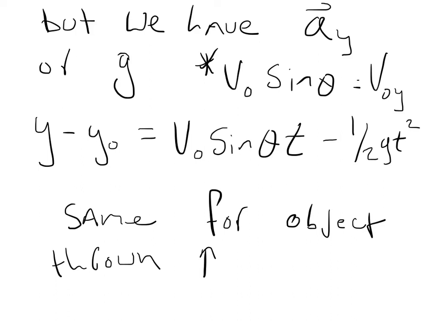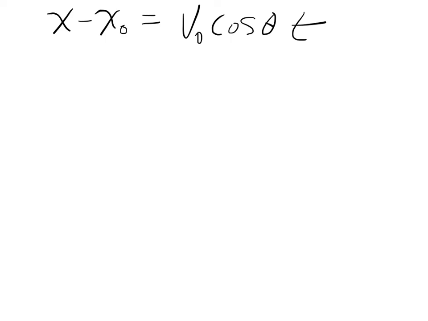So maybe we can find a way to combine some information, x and y, to get a more complete picture. Okay? So how did we deal with distance in the x? We had this x minus x naught was equal to what, Van? V naught cosine theta t, right?